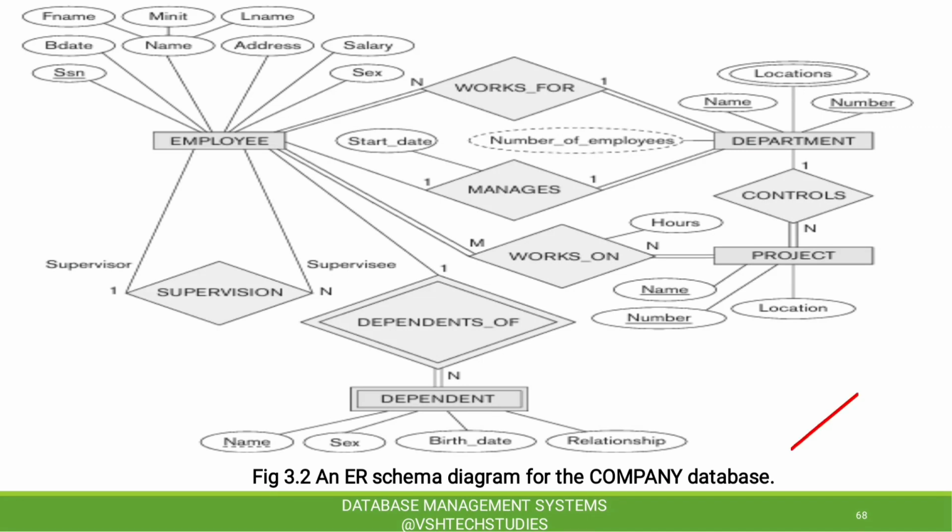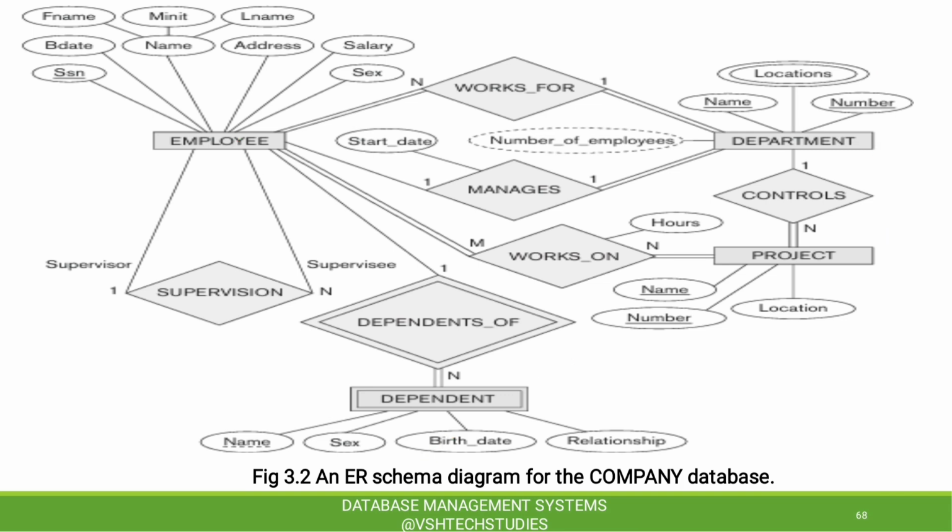Now this is the complete ER diagram of the company database, in which we have entities, their attributes, and the relationships between the entities. So the employee entity, its attributes, department entity, its attributes, project entity, its attributes, dependent entity, its attributes. Apart from this, we'll have to see the representation of relationships.